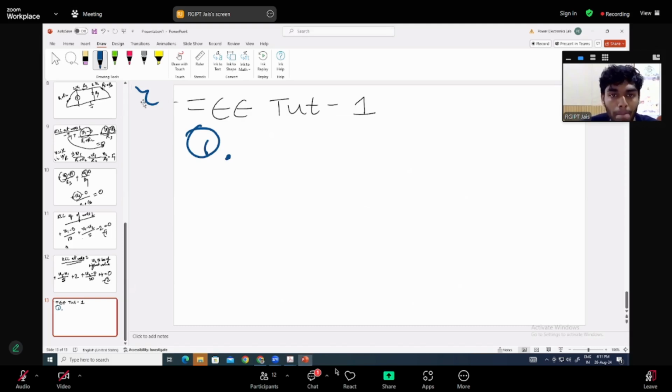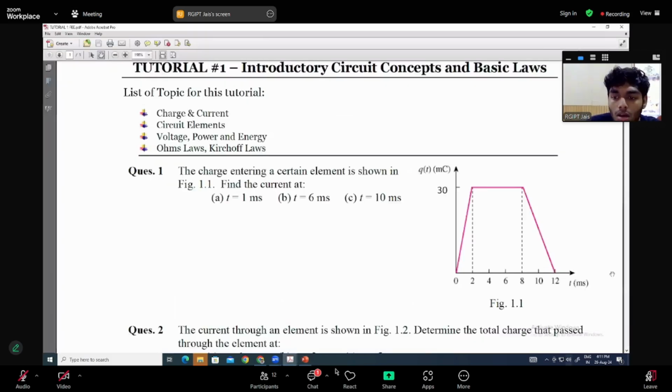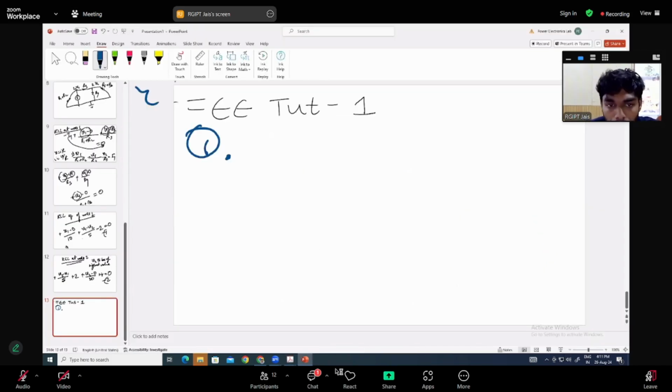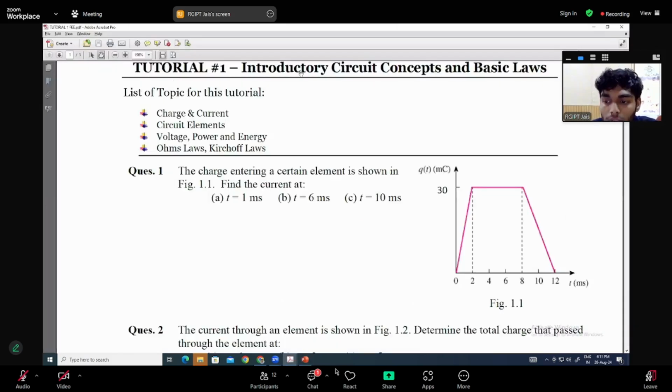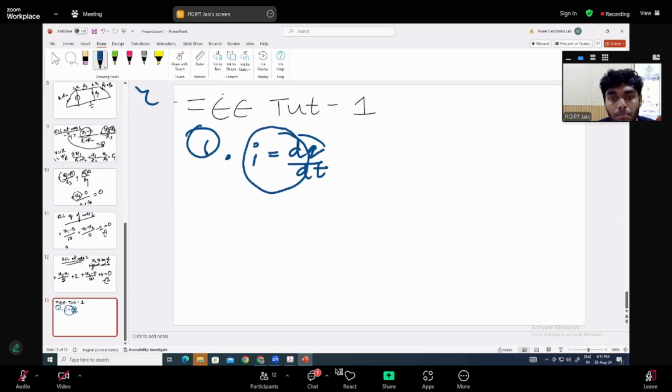Looking into the diagram, at t equals 1, we have to find the current. We know current is the rate of change of charge. Here we are given the charge versus time graph, so at t equals 1 we find the slope from 0 to 2, and we will get the current passing through that particular element.